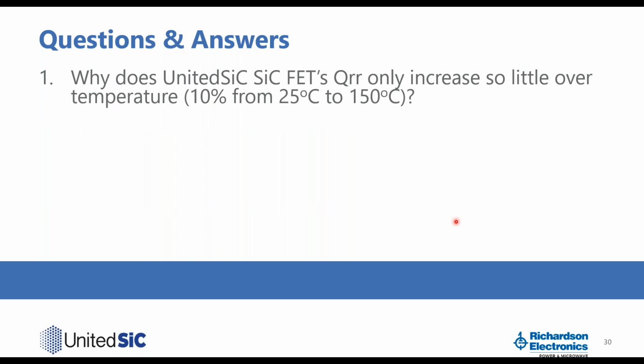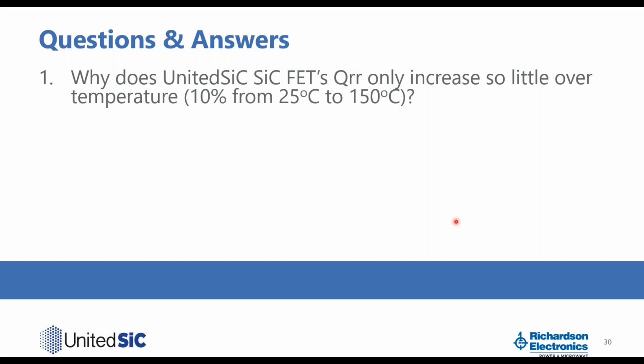The first question is, why does UnitedSiC's silicon carbide FET QRR only increase so little over temperature, about 10% from 25C to 150C? This is because for the UnitedSiC silicon carbide FET, most of the QRR comes from the capacitive charge of the silicon carbide JFET COSS.